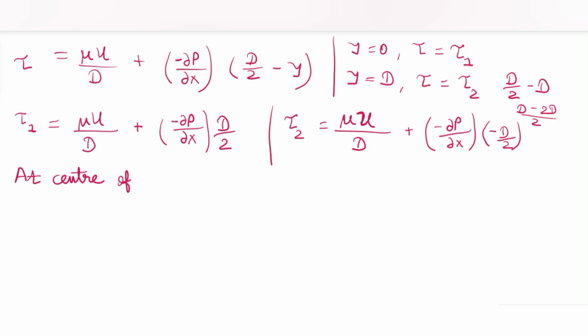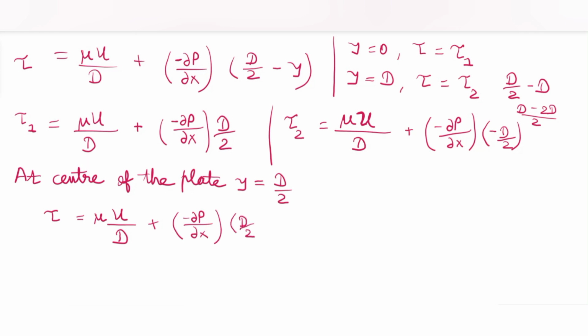At the center of the plate, y is equal to d by 2. Therefore, we'll place that in the equation of tau, and we get tau is equal to mu U by d, because the second term will become 0, minus del p by del x into (d by 2 minus d by 2), so this will become 0. Therefore, we get tau is equal to mu U by d.